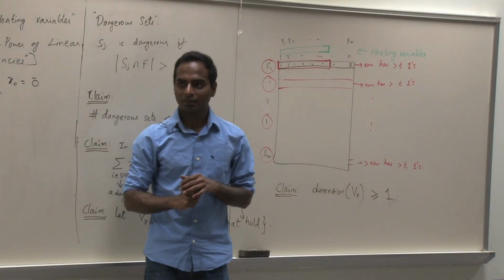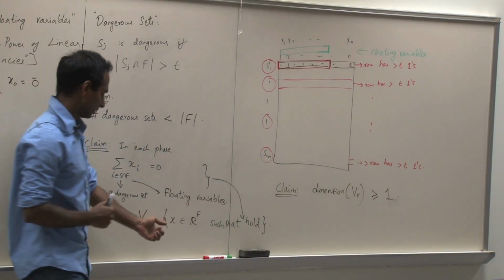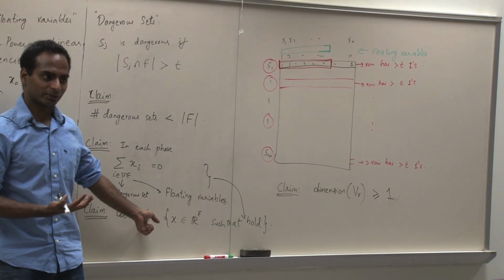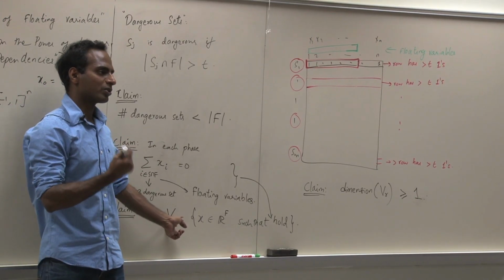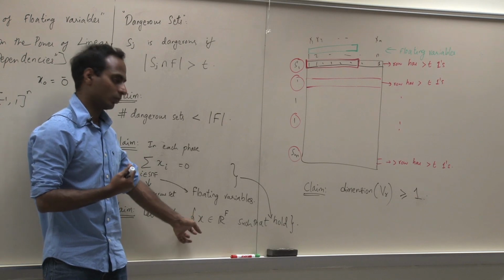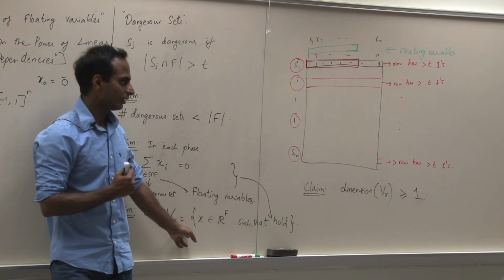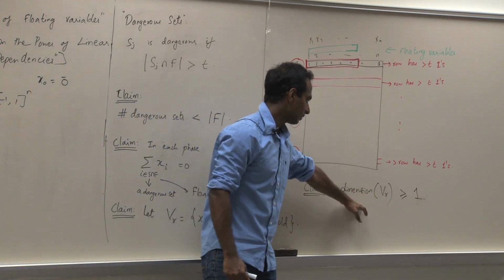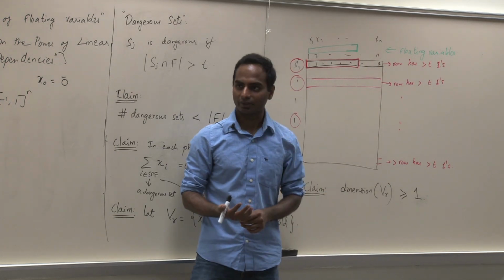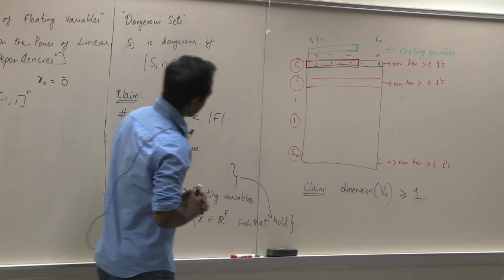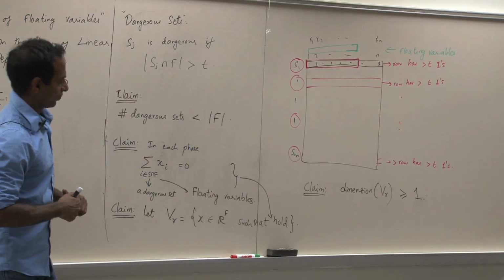Okay. So, there is always a vector in here which is the all zeros vector, right. But as I said, I want to say that there exists at least one non-zero vector in this set VR. And if the dimension is at least 1, that would certainly imply that there is at least one non-zero vector in here. So, what is a good way to count the dimension of VR?